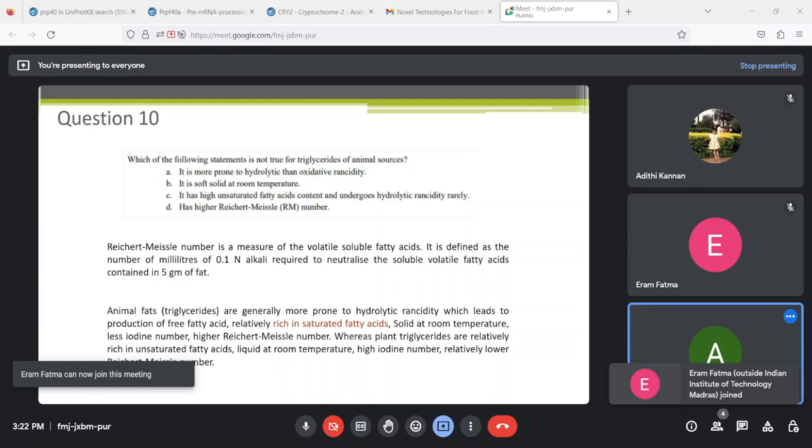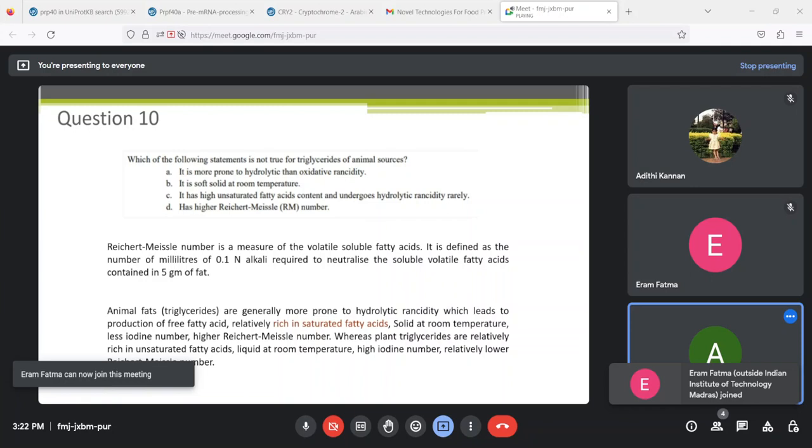Yes, it is more prone to hydrolytic rancidity than oxidative rancidity, which results in the production of free fatty acids. The other thing is that fats, or the triglycerides from animal sources, are rich in saturated fatty acids. It is not rich in unsaturated fatty acids. It is rich in saturated fatty acids, and these fats are soft solids at room temperature. They have a low iodine number.